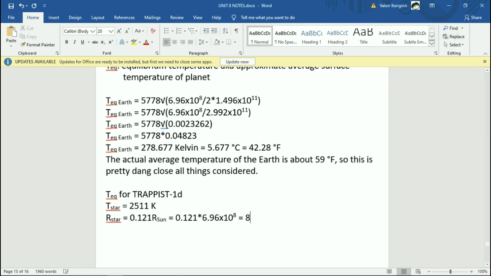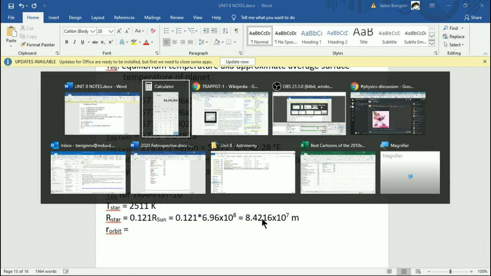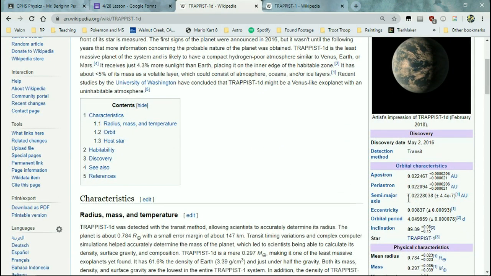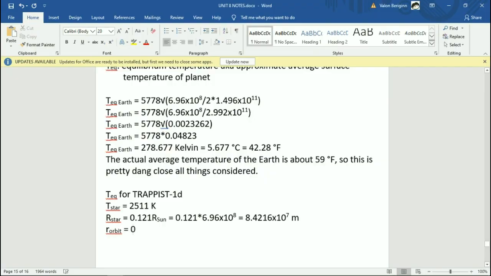Okay, so it's 8.4216 times 10 to the 7 meters. And then we want the orbital distance, which in this case you can use the semi-major axis, which we found was 0.02228 AU.